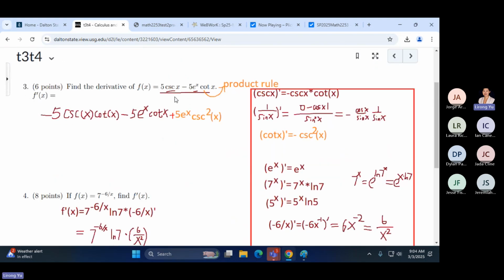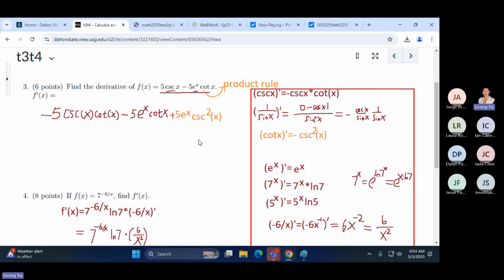Number 3, we have the trigonometry. The solution is over here, as the derivative of cosecant. I think I differentiated cosecant. The derivative of cosecant is negative cosecant times cotangent. Why is that true? You can prove it by using the quotient rule.